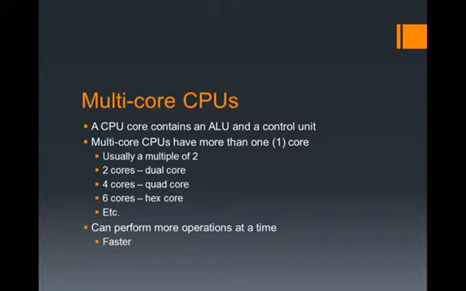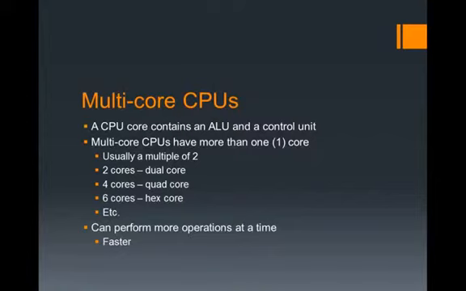It's not always true. Sometimes you can get odd numbers, something like 3 cores. Intel makes a couple of processors with 3 cores in it, I think. But each core has an ALU and a control unit. So the 2 processor cores can each do an instruction at a time.